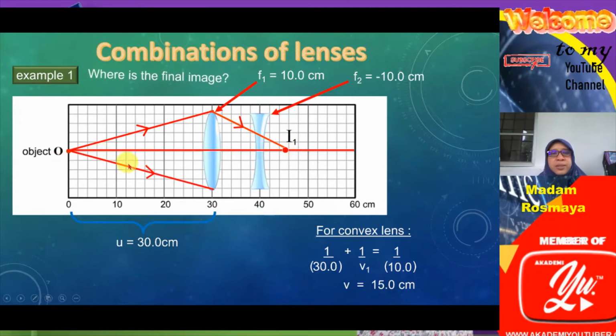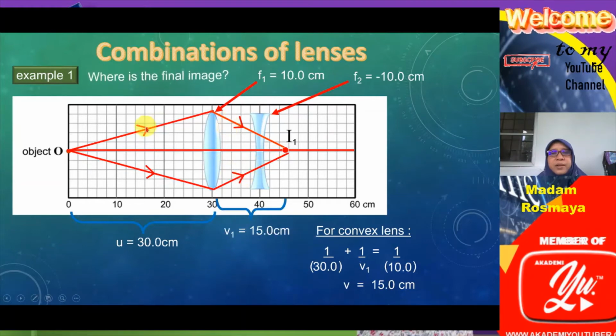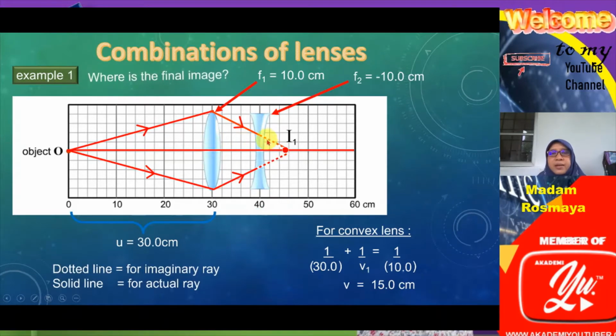We do the same for another ray. Don't forget the arrow. This is where the first image is formed by the convex lens, 15 cm from the convex lens. And this part must be drawn as a dotted line because this is an imaginary ray.